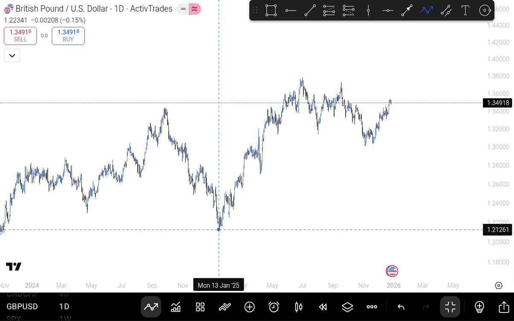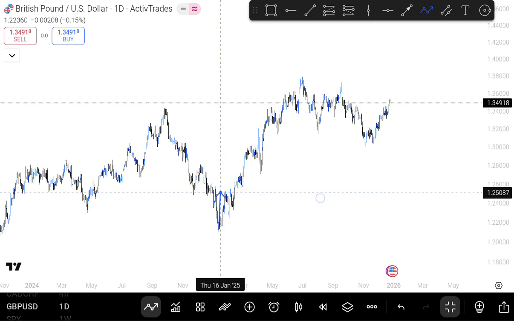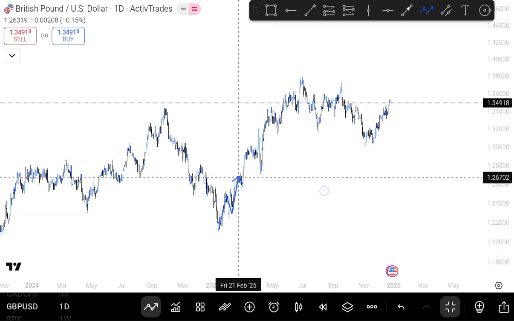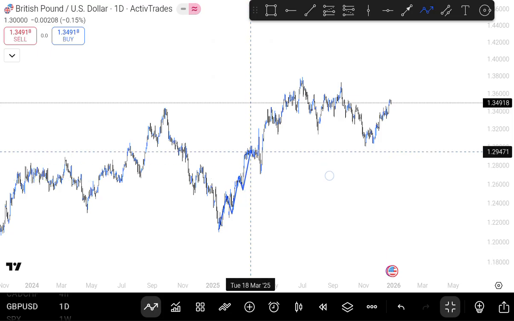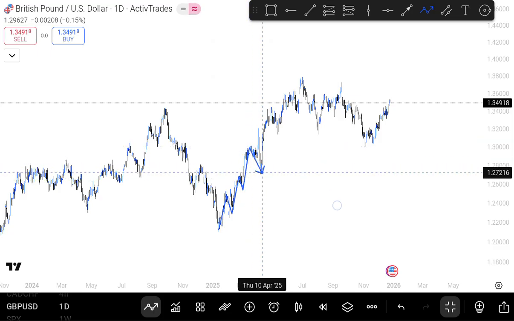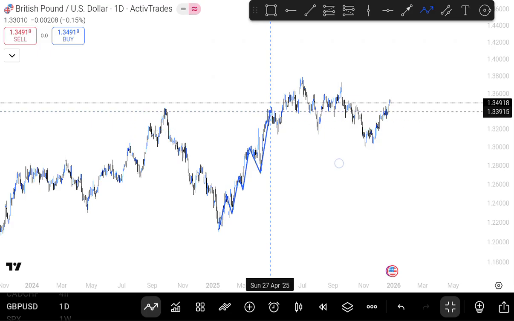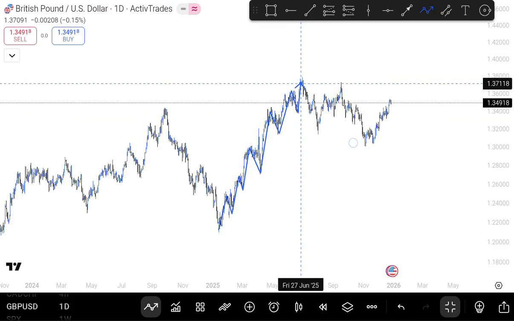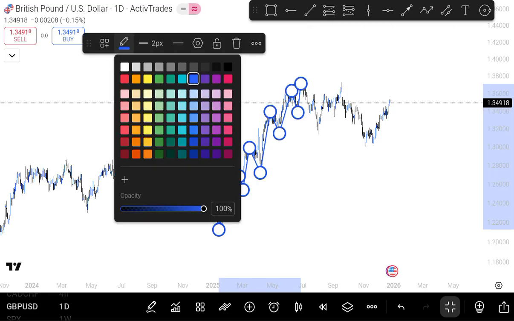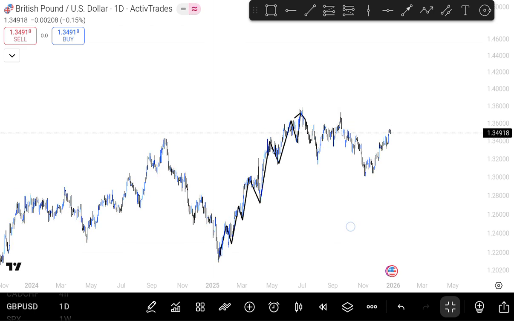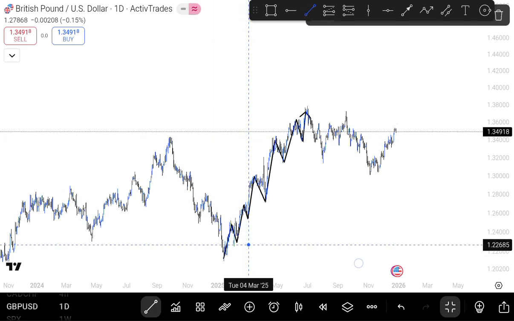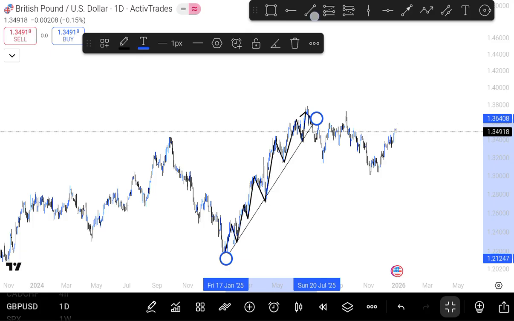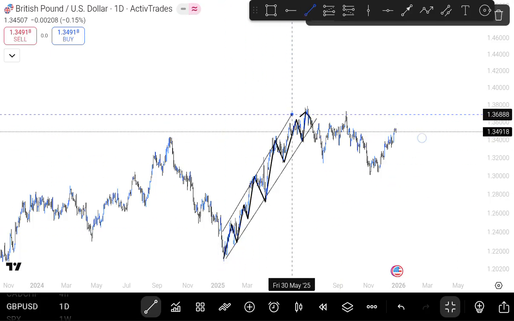We are going to figure out what type of direction this particular trade has, from here to this side.